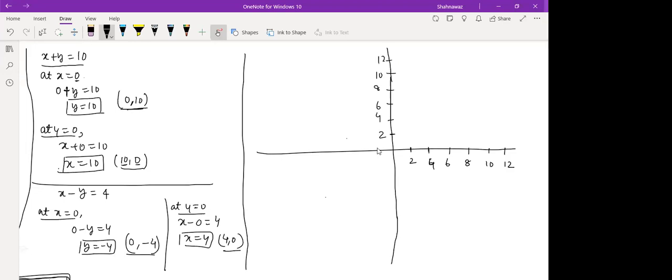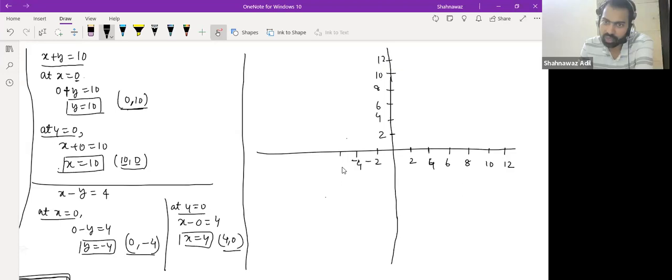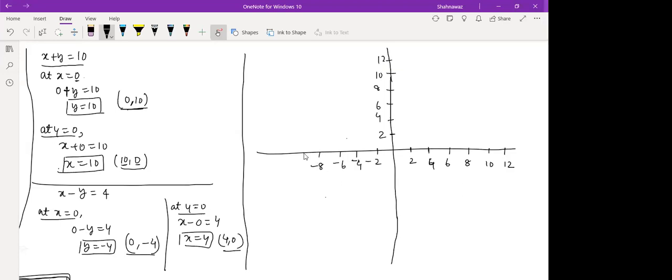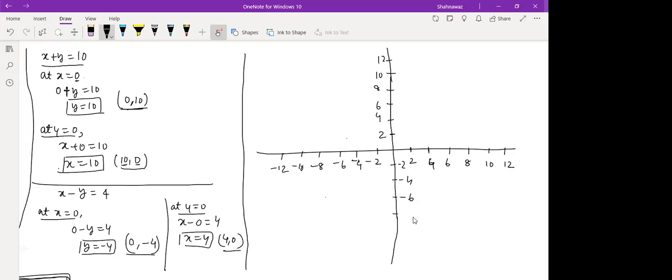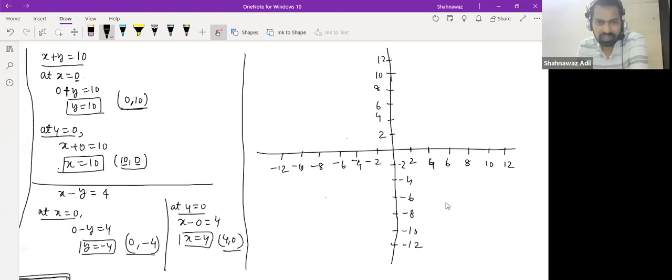And similarly, on this side, minus 2, minus 4, minus 6, minus 10, and minus 12. And minus 2, minus 4, minus 6, and minus. Now let us collect the points.